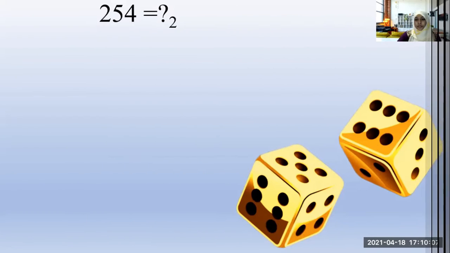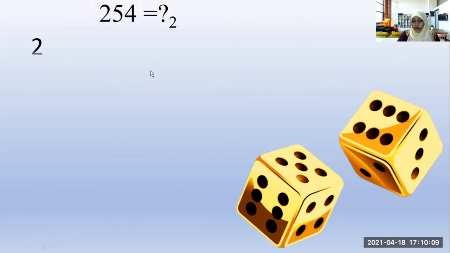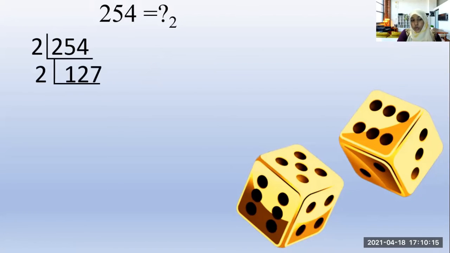Now 254, base 10. Okay, I hope everybody got it. So 254. How many twos within 2? 1 time. How many twos within 5? 2 times. 1 remaining. How many twos within 14? When it is 1 remaining, you should go with the 14. Understood? So 7 times, remaining 0.